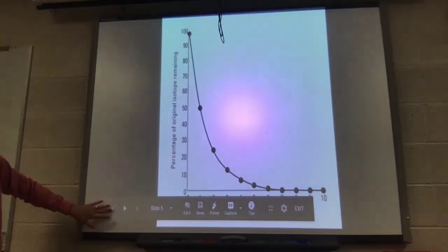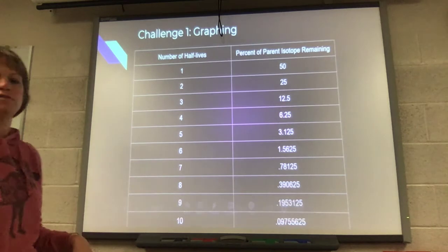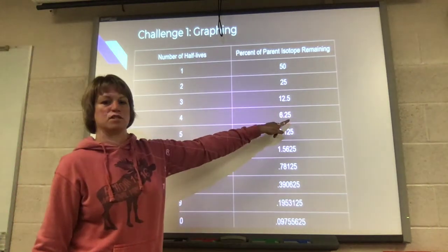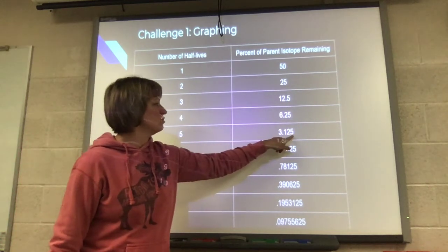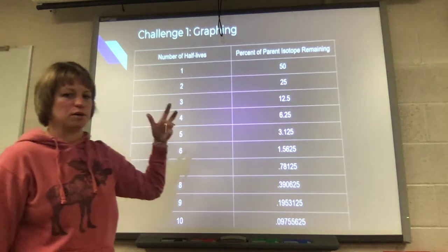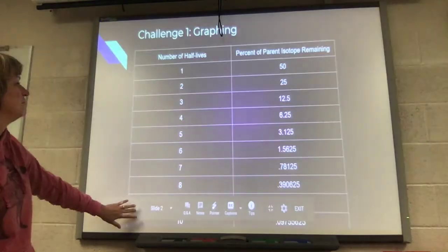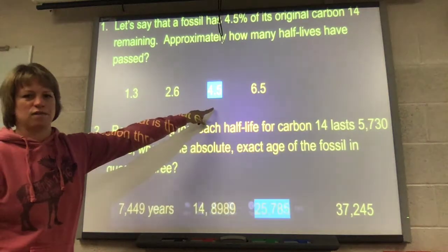So if I come back to my chart, or I really could have gone to the graph, 4.5%, okay, well, if there was 6.25% remaining, it would be 4 half-lives. 3.125, that would be 5 half-lives. So we see that that number falls in between the 4 and the 5, making this, here we go, our only answer that even makes sense.